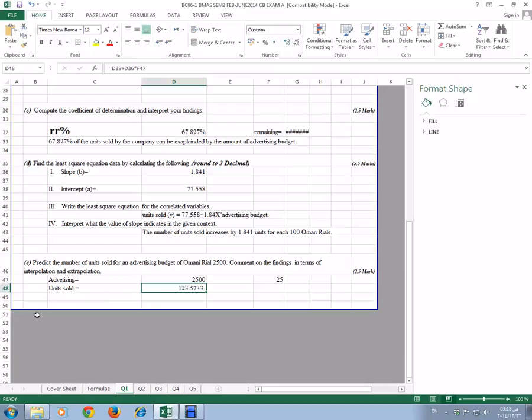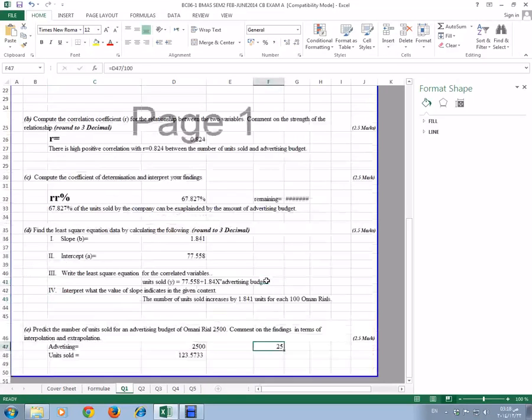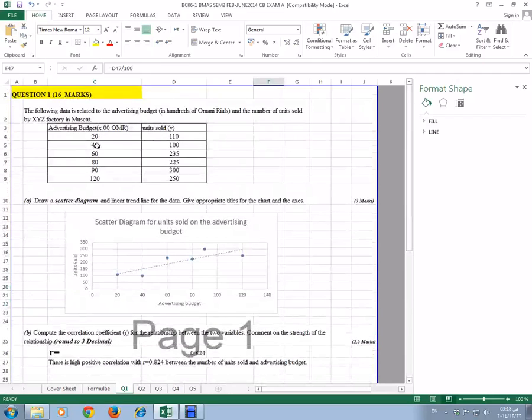Next, the same question asks to comment on the finding in terms of interpolation and extrapolation. This is 25. If we see the values here, the minimum is 20 and the maximum is 120, so 25 hundreds exists in this interval.